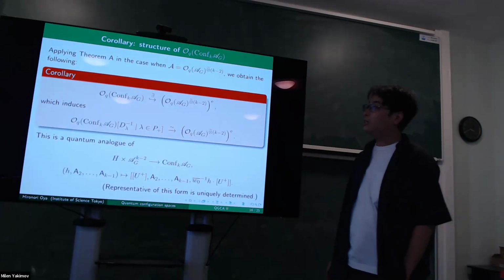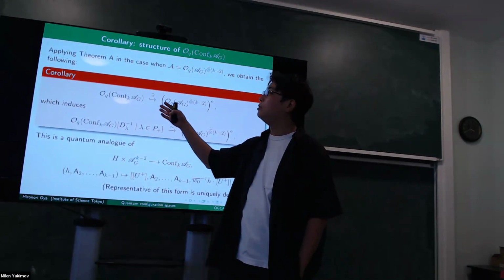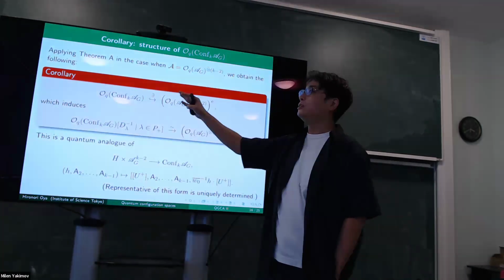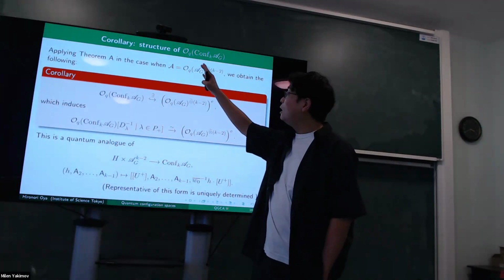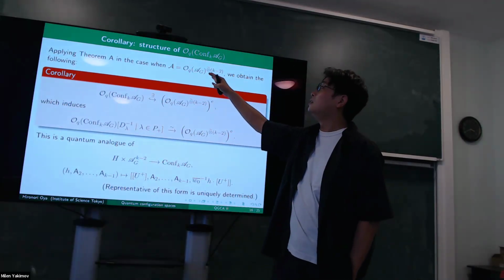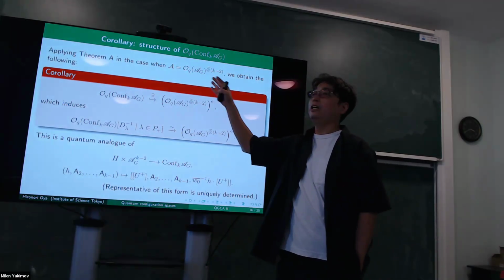Okay, and we want to study the quantum configuration space. To apply the previous result to the configuration space, we need to set A as the k minus 2 times braided tensor product of OQH.